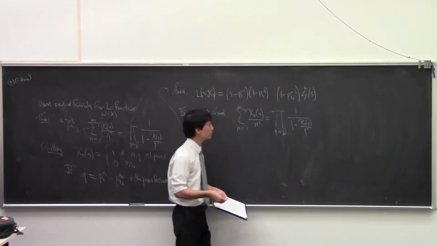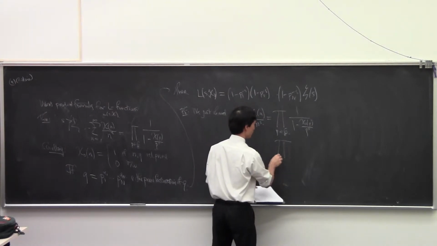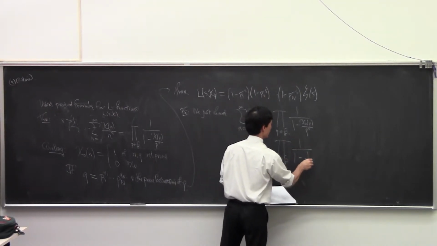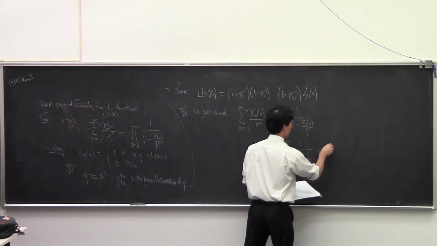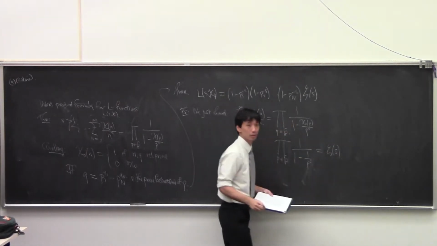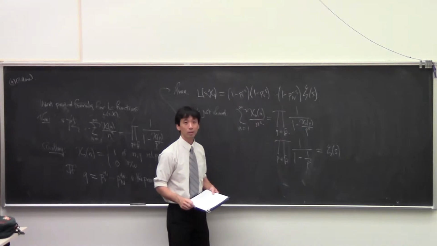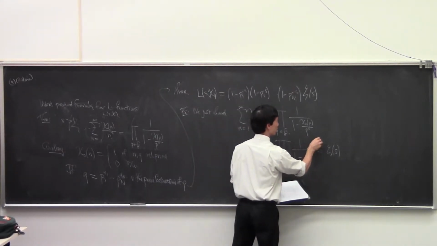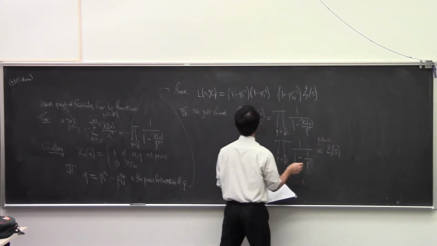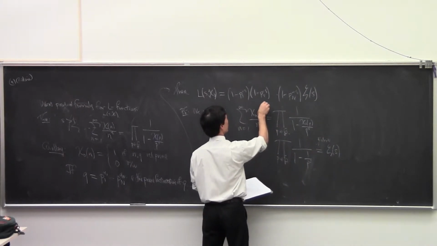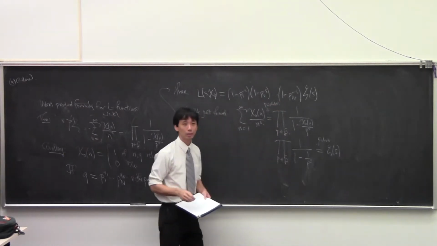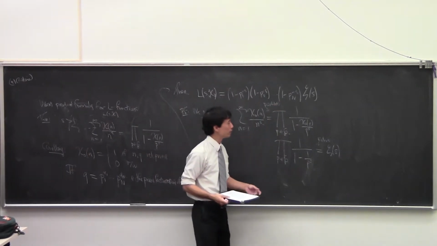We just showed this. Previously, we showed that the product of 1 over (1 minus 1 over p to the s) is zeta(s). That was Euler's product formula. Euler's product formula and Dirichlet's product formula. And so you say, well, what's the difference?